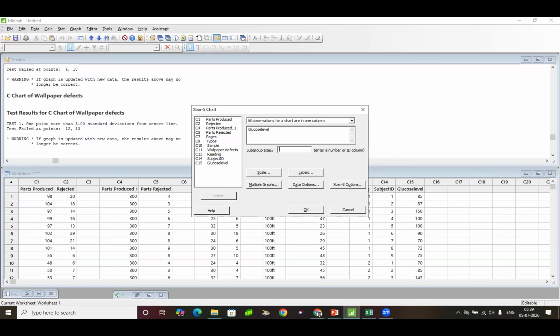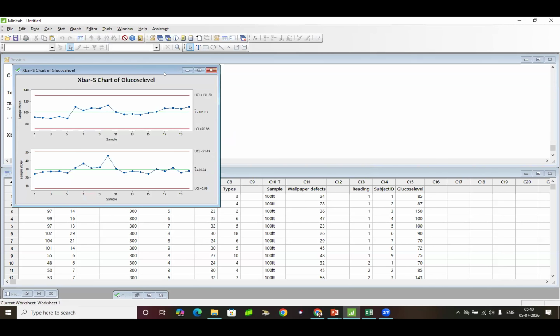Why are we choosing the XBAR S chart? Because it is greater than 8. So in the subgroup size, you have to manually enter 9. Yes, all of you have done it. The subject, 9. Now click on OK.